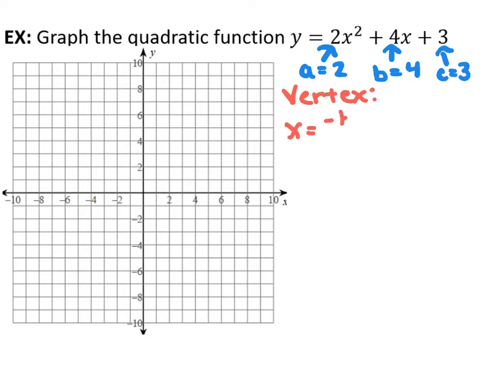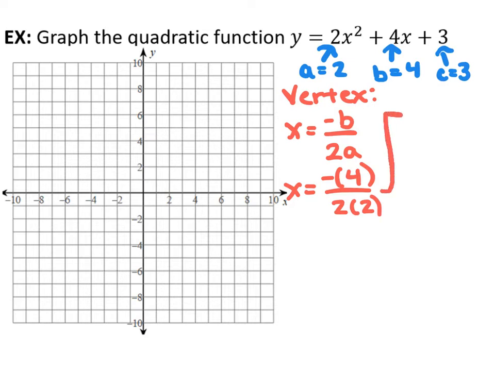So x equals negative b over 2a. So x equals negative times 4 over 2 times 2. If we simplify, you'll get x equals negative 4 over 4, which becomes x equals negative 1.